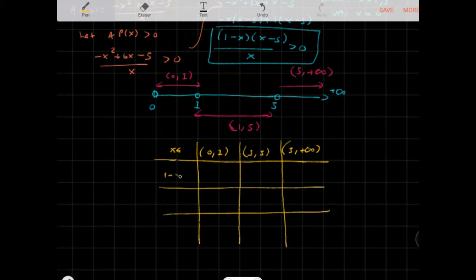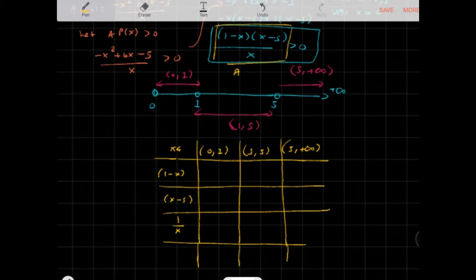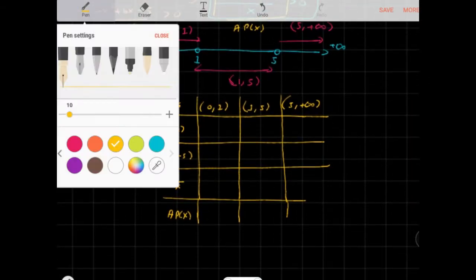So this is 1 minus x, this is x minus 5, and then this is 1 over x. Let's call this our function, r of x. Well, in this case, we'll call it what we called it initially: AP of x, the average profit function. And we want to figure out when average profit is greater than 0.